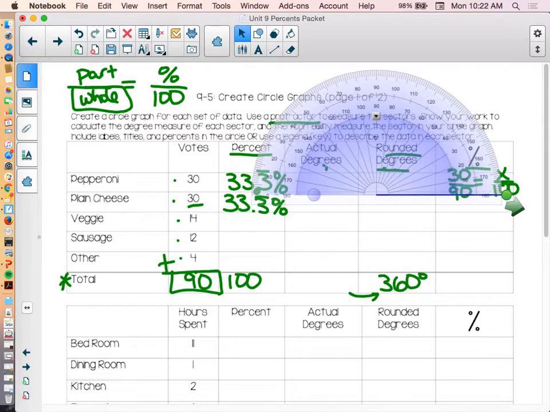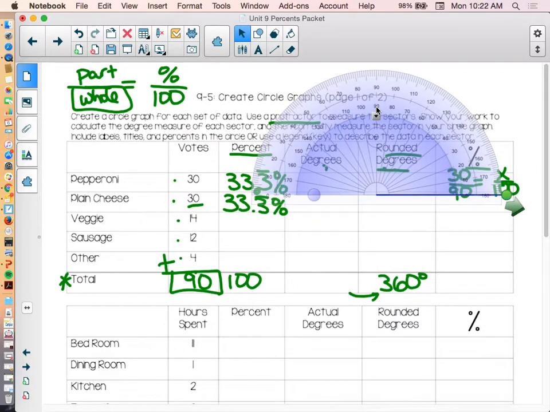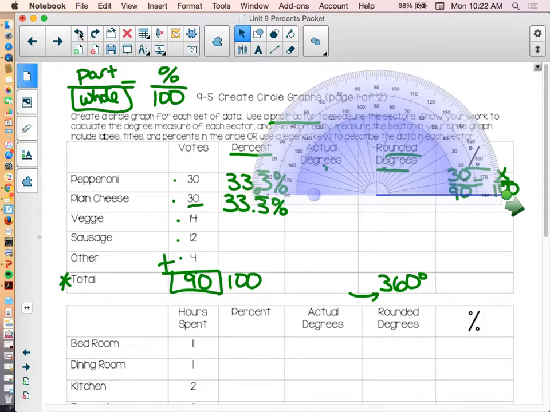And you are going to be using this to calculate your angles, but remember that an entire circle would be 360 degrees because it would go all the way around. That's not what I wanted to do, but that's okay. So we're going to make this disappear for a second. We're going to use that later.